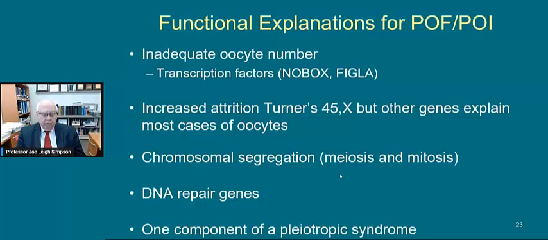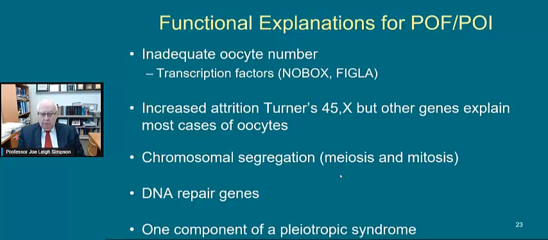The genes that we've discovered most often have been those that are necessary for chromosomal segregation, for DNA repair, and as one component of a pleiotropic syndrome. A pleiotropic syndrome is one in which multiple organ systems are involved as a result of a single mutation.